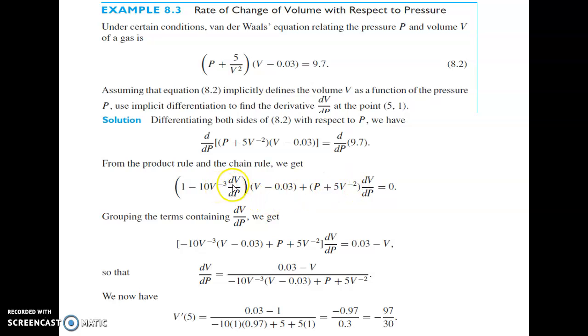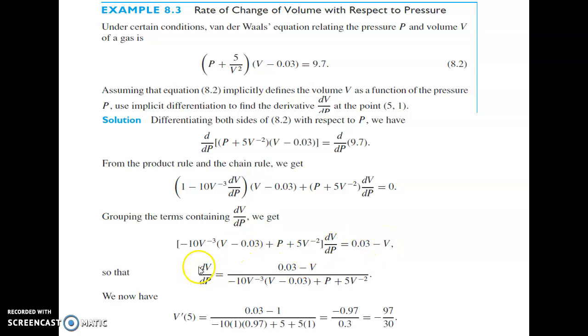So look at it, I will collect all dv by dp. This is 1. So we have minus 10 into this, and then this into this I keep, and the term with 1 into this, am I right? I bring on the right, so it is changing the sign. So 1 minus 0 means it is plus, because when I bring it to the right, this becomes minus.